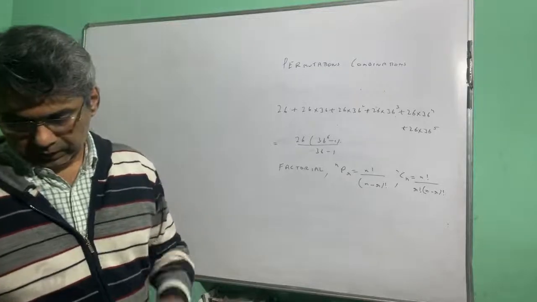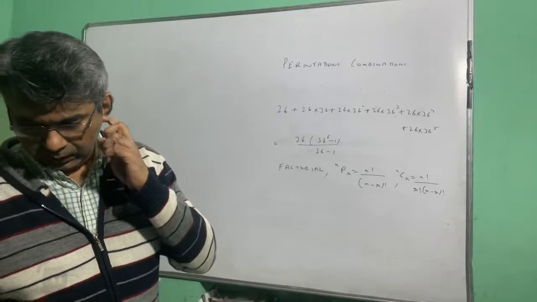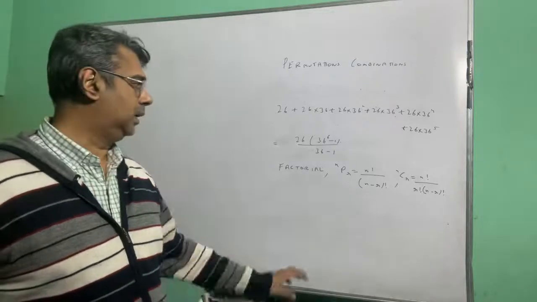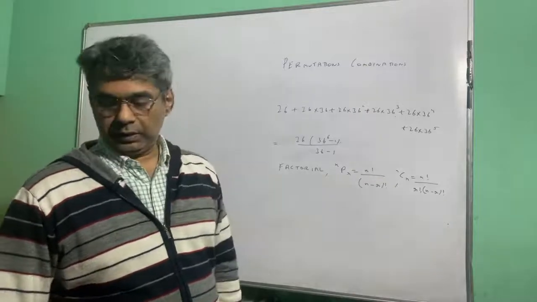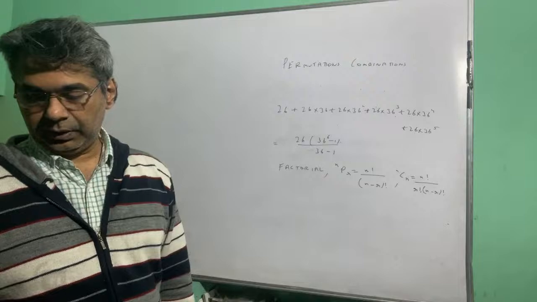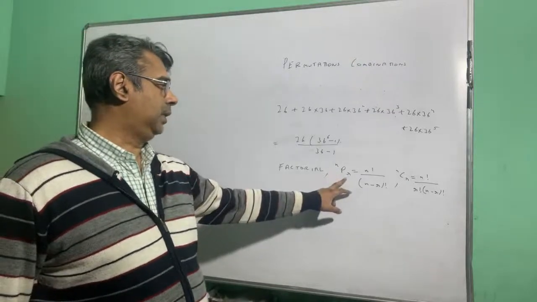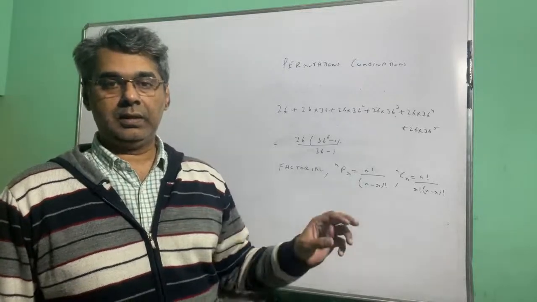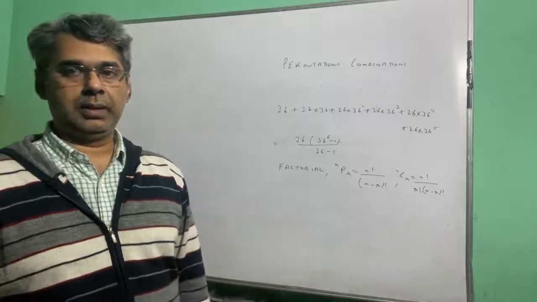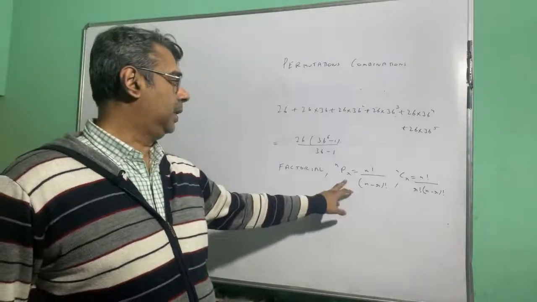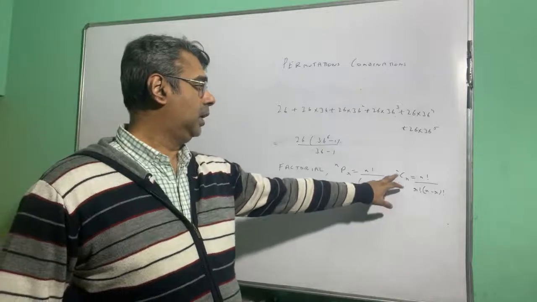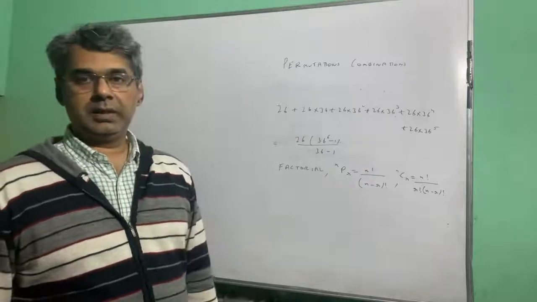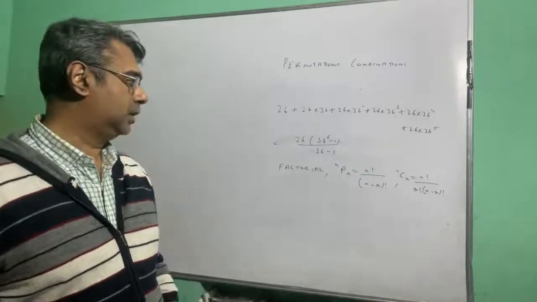I was telling all of you that the three main concepts in this chapter are factorial, NPR and NCR. Factorial of any natural number is that you write successive natural numbers down up to 1 and multiply. NPR is n factorial by n minus r factorial, and NCR is n factorial by r factorial into n minus r factorial. So these are the three main formulas of this chapter.